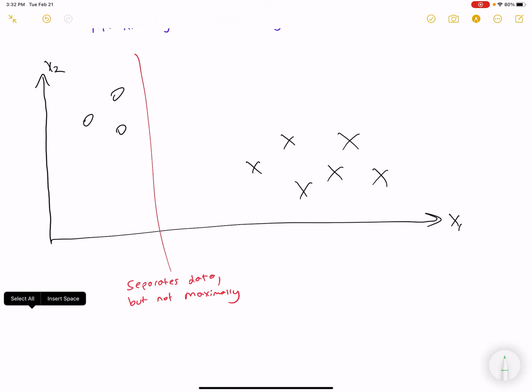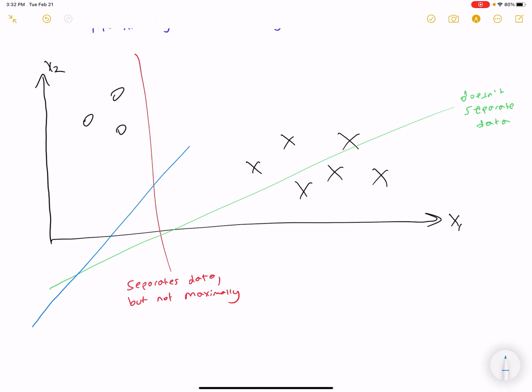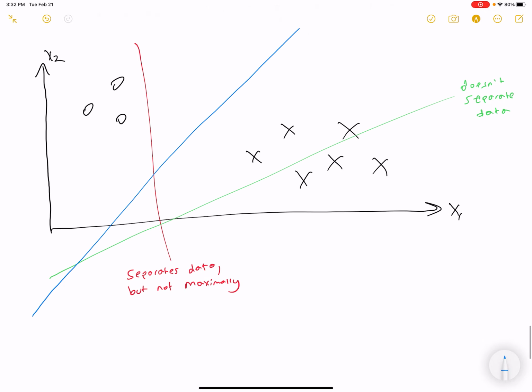You could have a plane that just doesn't separate the data, so that's not good. But what we want is neither of these. We want a plane like this, which separates the data maximally.